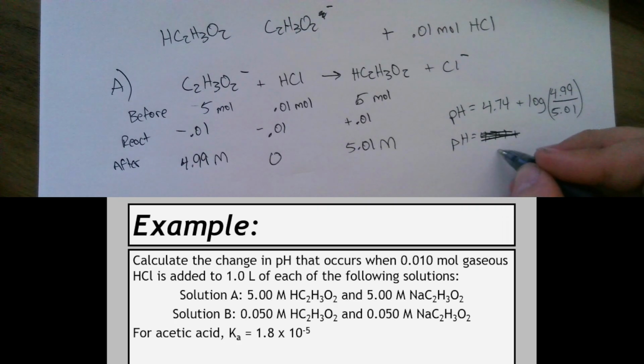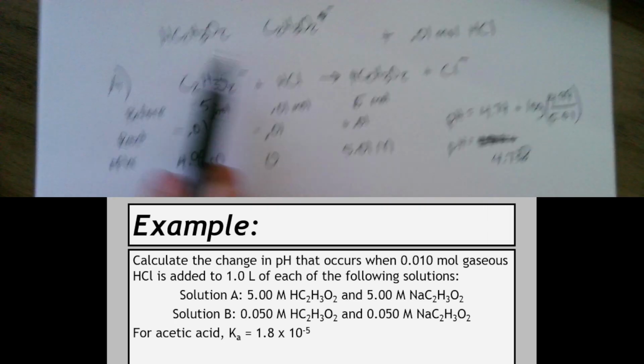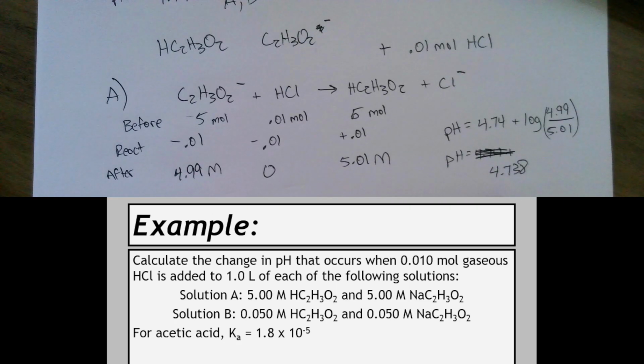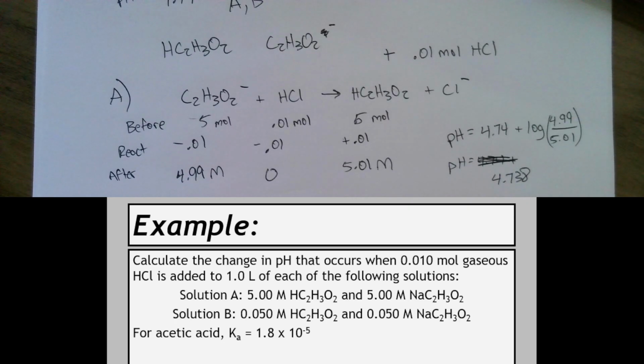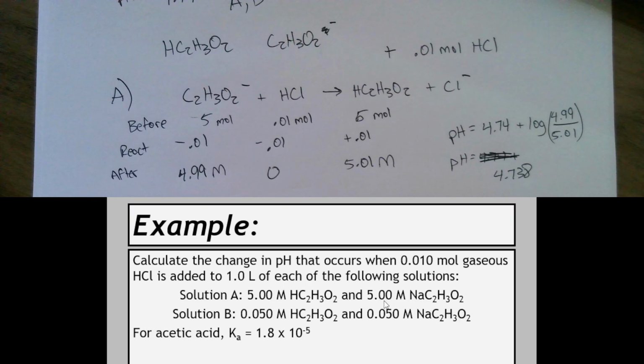And when I add them all together, I get 4.738 as my new pH. My pH hardly changed at all from my original pH. Went down 0.002. Because I had large concentrations of solution A and of my acid and my base, it did a really good job at neutralizing that pH.